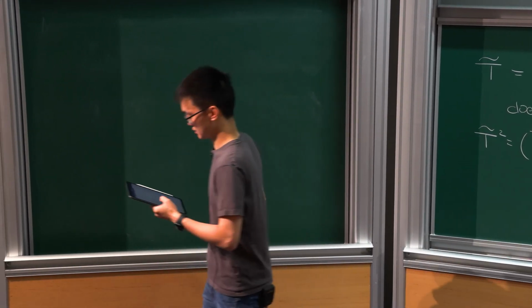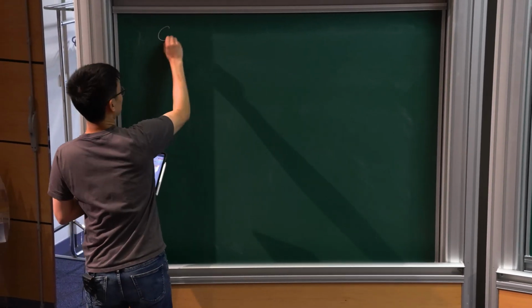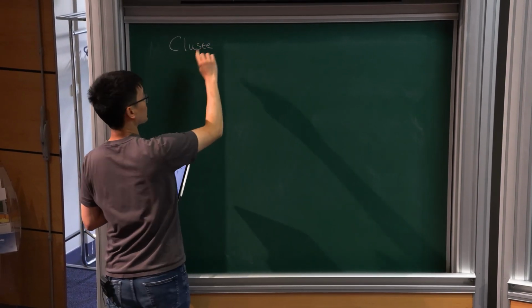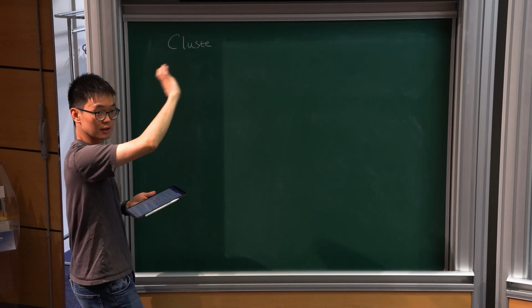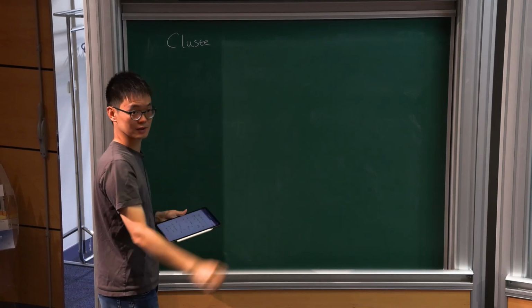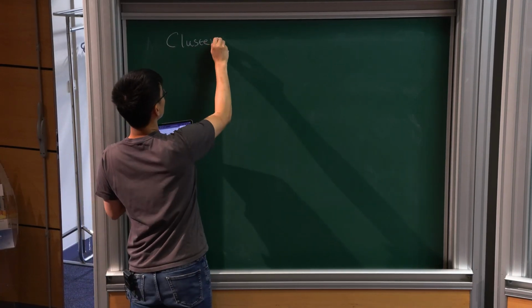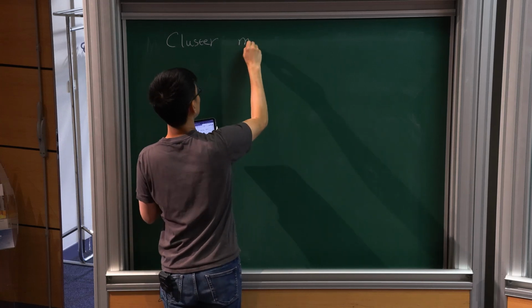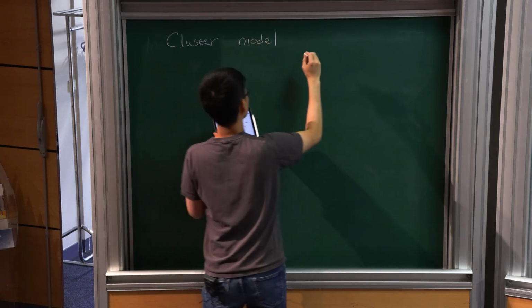Okay, great. So let me start with the discussion. Let's forget about non-invertible symmetry for the remainder of this lecture. Let's just talk about invertible symmetries and talk about the cluster model.